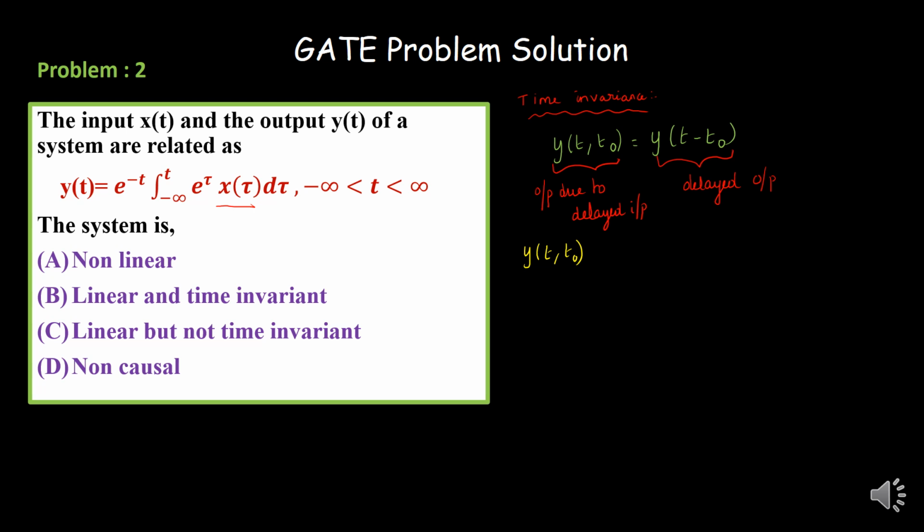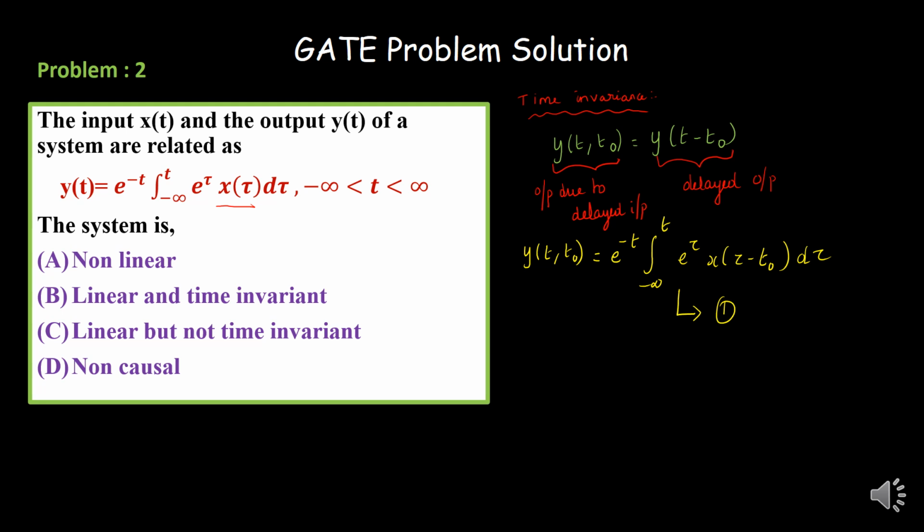Y of t comma t naught will be equal to e power minus t integral minus infinity to t e power tau x of, in the place of x of tau, that input function should be delayed by t naught. Take this as first equation, and then the delayed output.